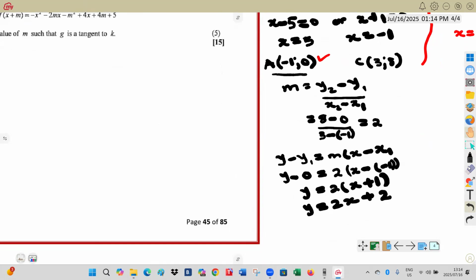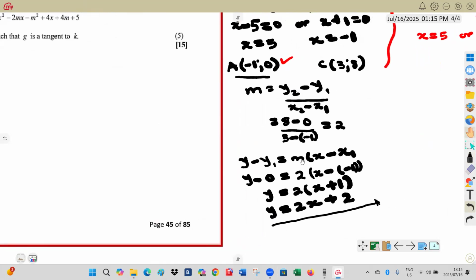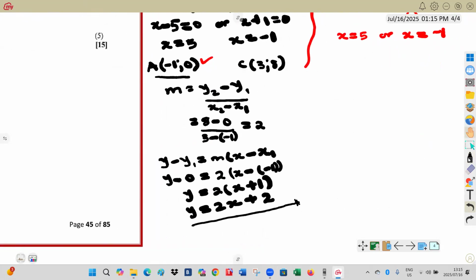So this is the required equation. And you have to take note here. It's not always the case that we use A. Even if we were to use 8, 3, let's check, we're going to get the same answer. Let's check.